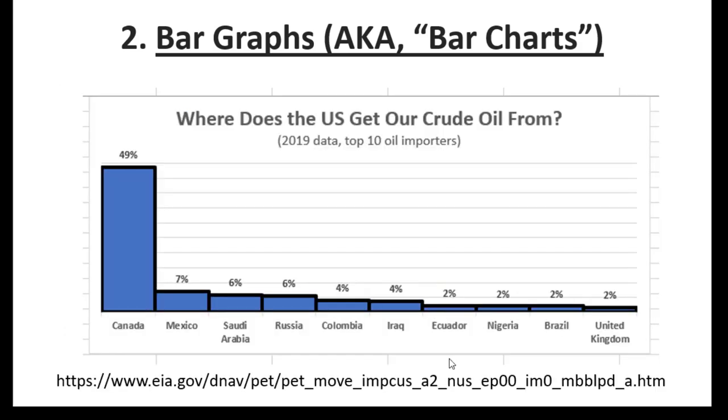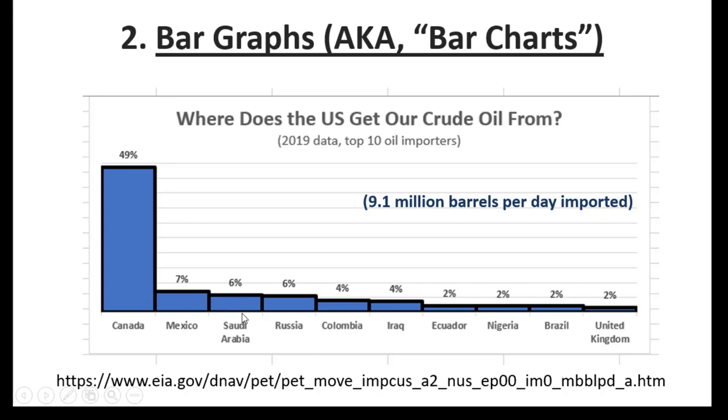In actuality, of the 9.1 million barrels that we import every day, we use a lot more than we import, which tells you something about how much we're producing ourselves. Half of it, 49%, comes from Canada. Saudi Arabia is down here. They're in third place with 6%, just in front of Russia. There's Iraq at 4%.